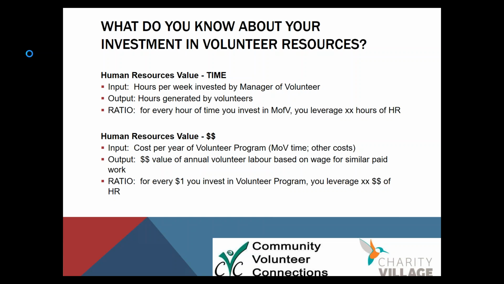Say you have 300 volunteer hours that happen in that week, and that's not a terribly uncommon ratio. What that basically means is that for every hour of time your manager invests into your program, they're leveraging 30 hours of volunteer time.